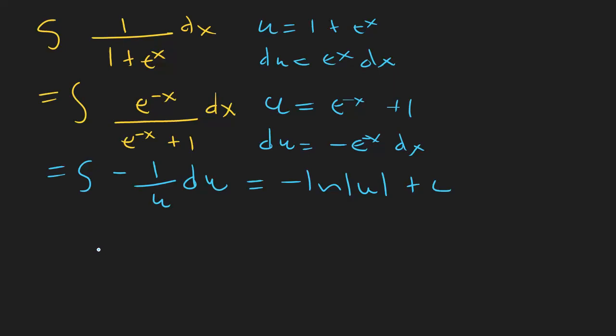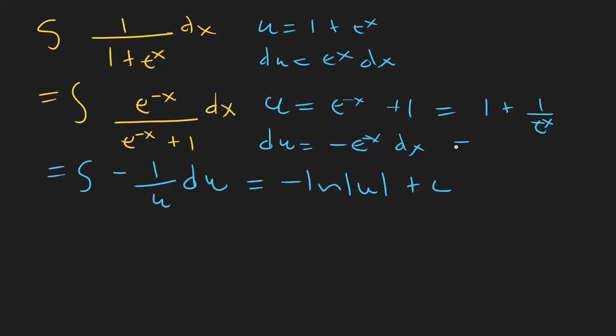Yeah, so one thing though that I'm going to write out is that u equals 1 plus 1 over e to the x, meaning that this is the same thing as e to the x plus 1 over e to the x. Okay, keep that in mind.